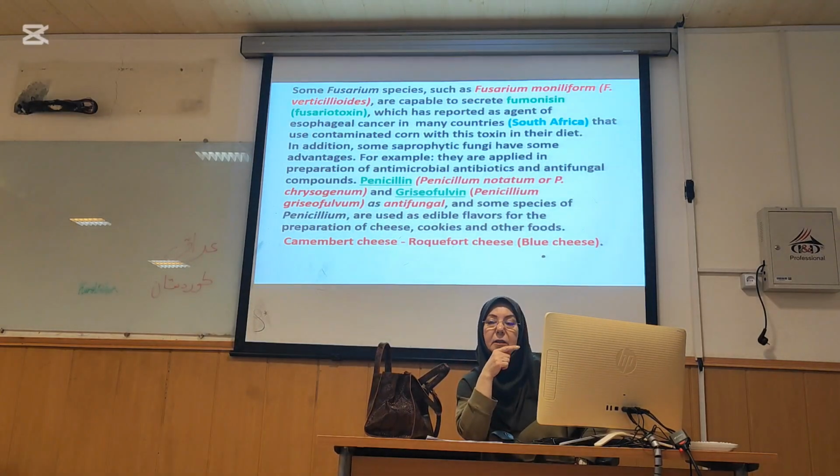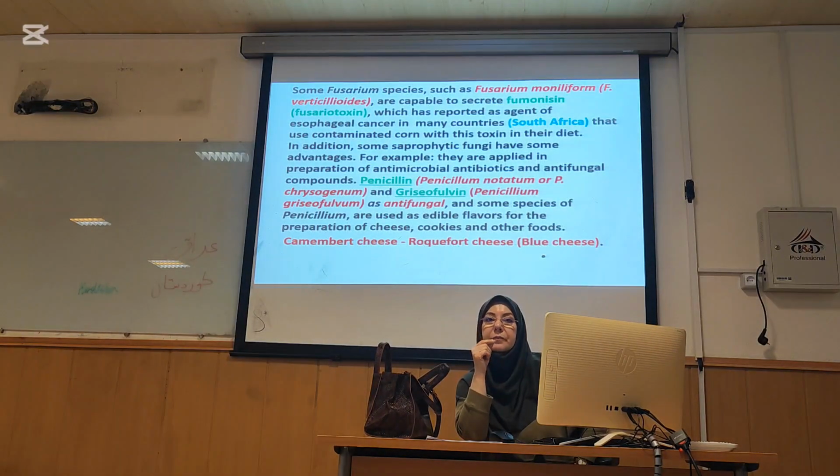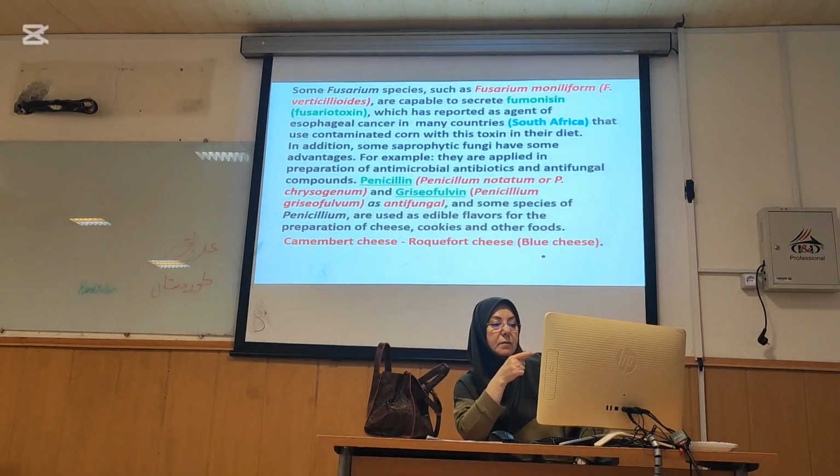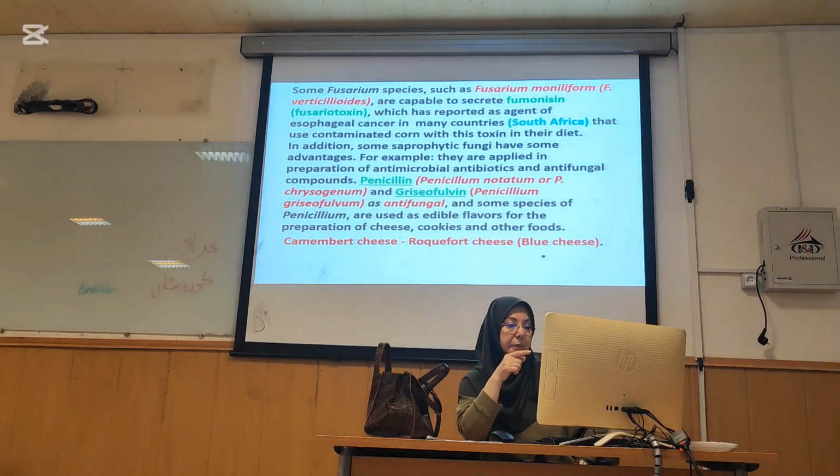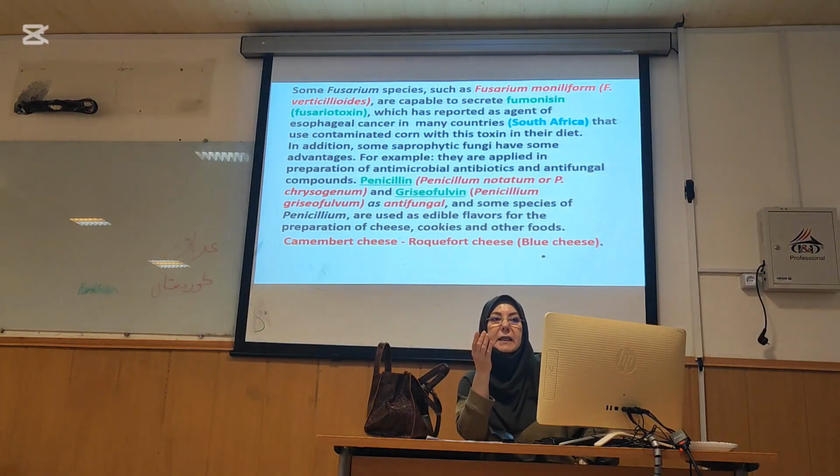And penicillin is usually produced by Penicillium notatum or chrysogenum. And we have another antimicrobial agent, griseofulvin.